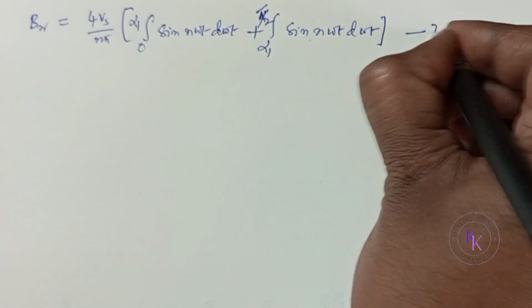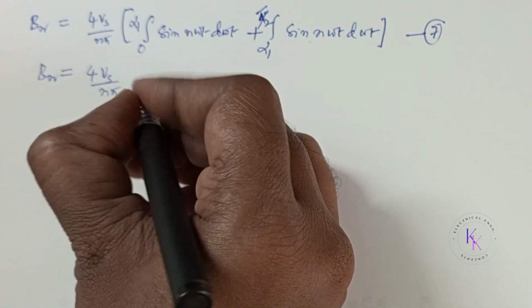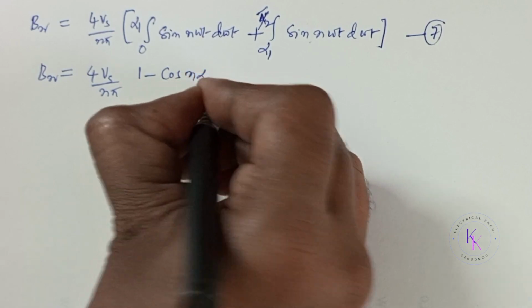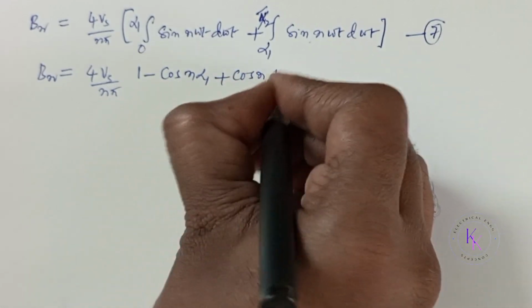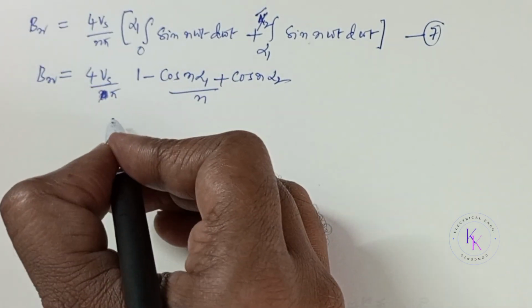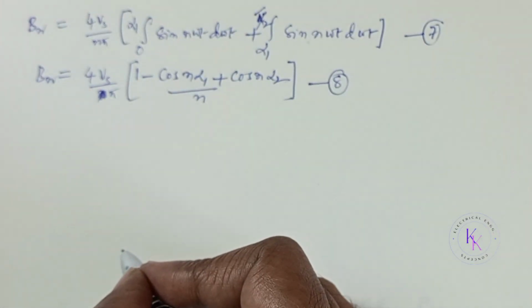Let this be equation number 7. When you solve this, you get Bn equals 4 Vs by n pi of 1 minus cos n alpha 1 plus cos n alpha 2. Let this be equation number 8.